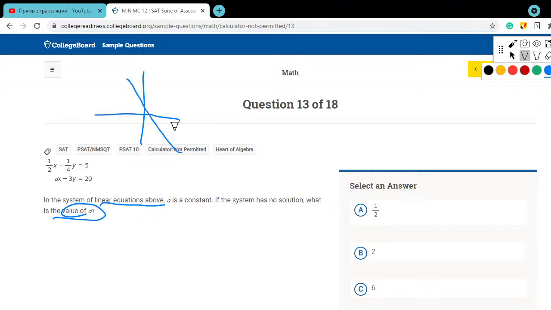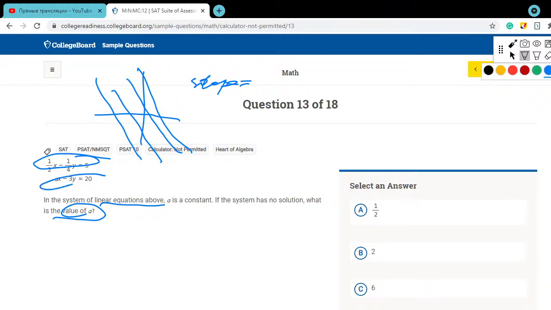A system of two equations doesn't have a solution when these lines are parallel. So what does parallel mean? It means their slopes are equal to each other. So we just need to find the slope of this one and then the slope of this one and make them equal.